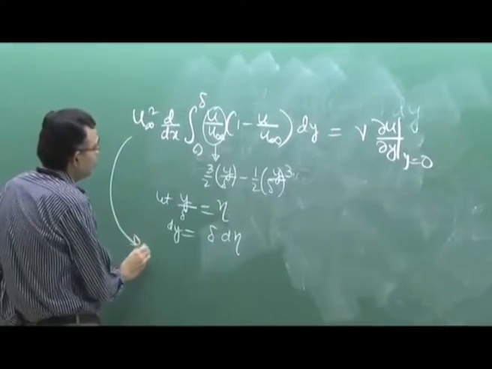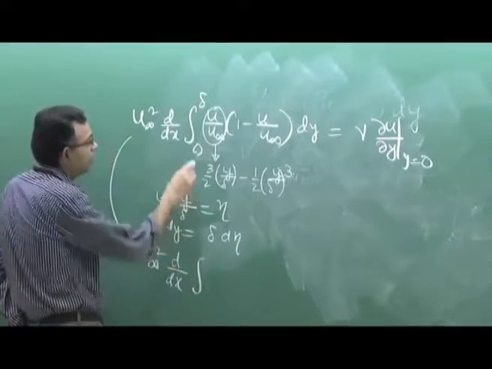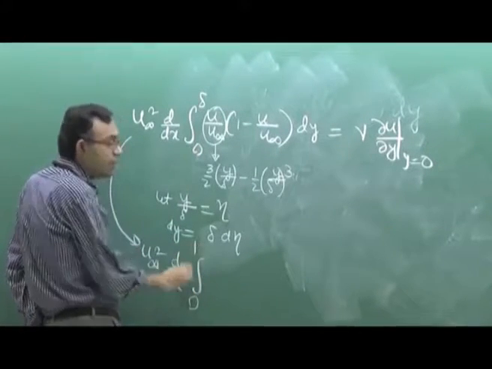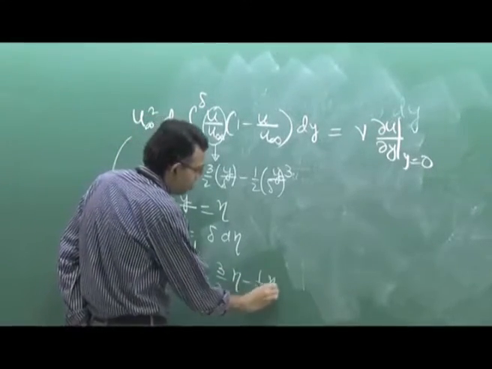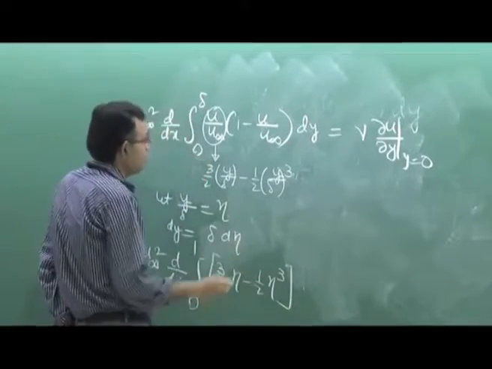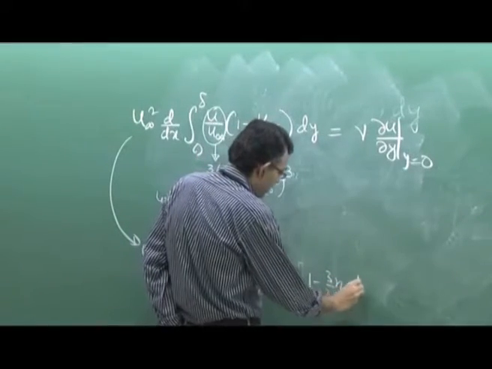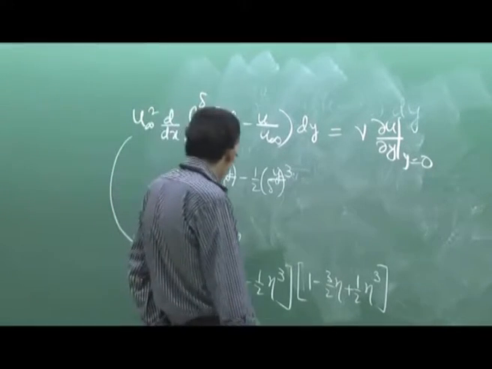So this becomes u infinity square d dx of integral, if you change from delta to eta, this is 0 and this is eta equal to 1, u by u infinity is 3 by 2 eta minus half eta cube, 1 minus u by u infinity, 1 minus 3 by 2 eta plus half eta cube, dy is delta d eta.